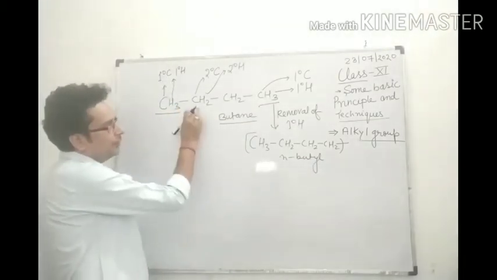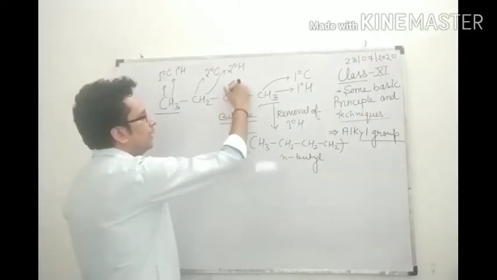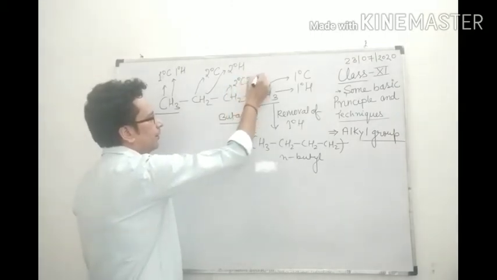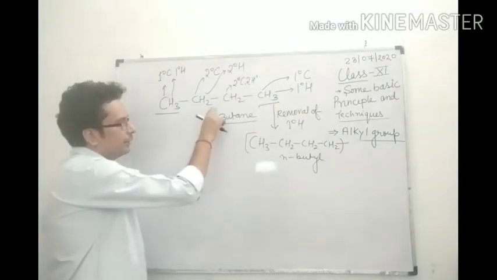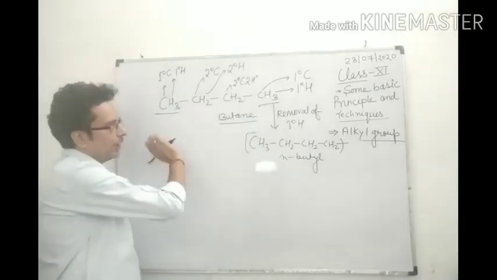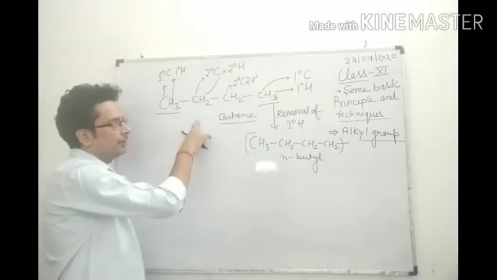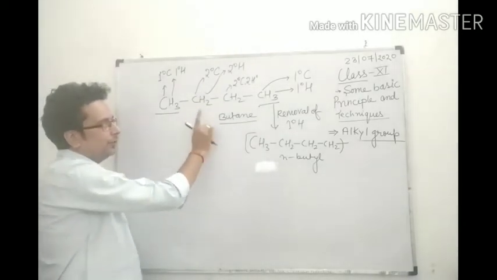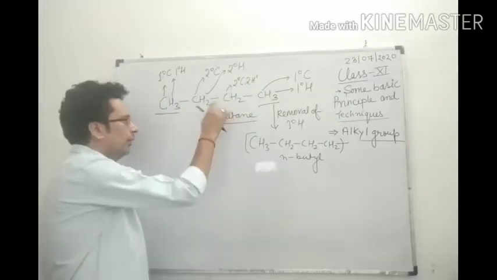Now what about this? Look here, this carbon is secondary and this carbon is also secondary. It is also 2 degree carbon and 2 degree hydrogen. Clear? Now what happens when we remove hydrogen from this or this? If we count the number, 1, 2, so if we remove hydrogen from the second carbon, that means the secondary carbon, what happens?